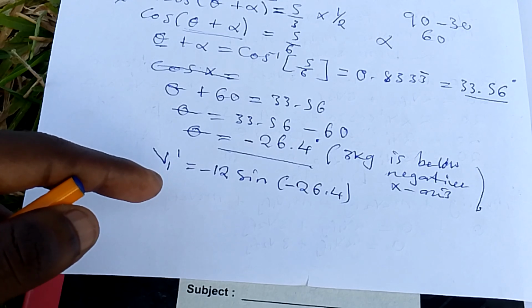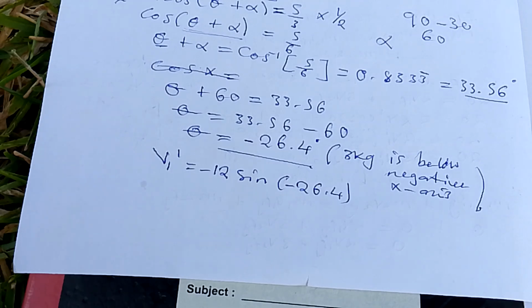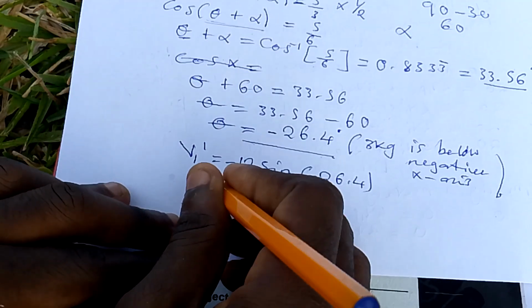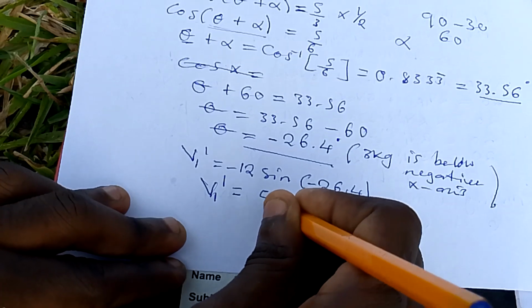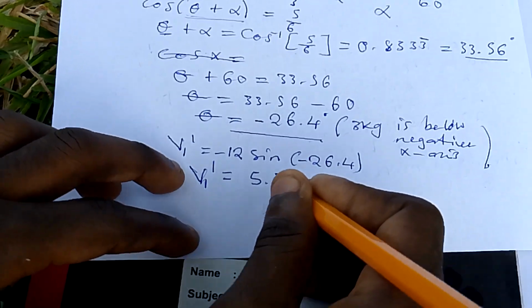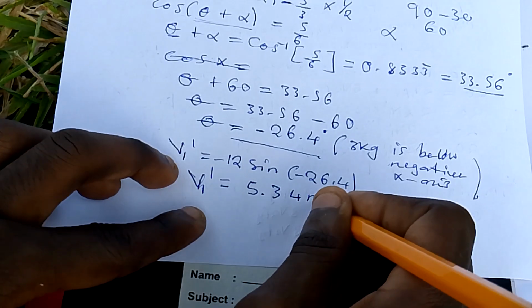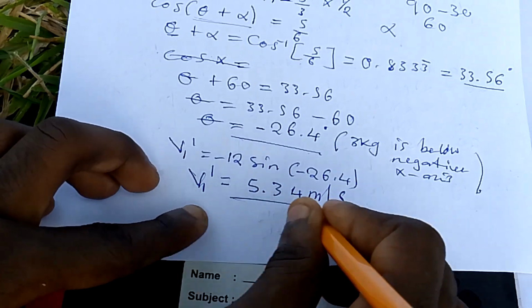What is the sine of 26.4? It is 0.44, then this same number times 12 gives 5.0. So v1 prime is giving us 5.334 meters per second. So these are our answers.